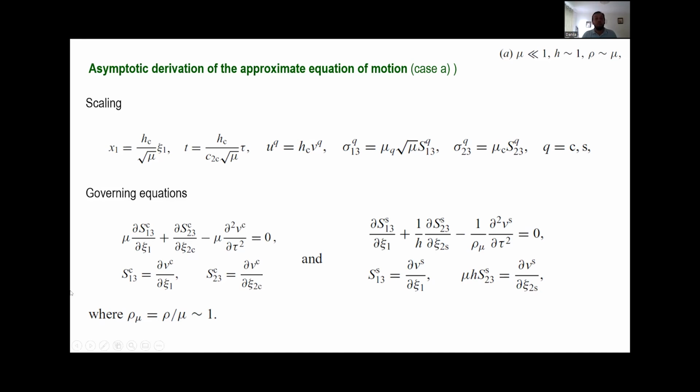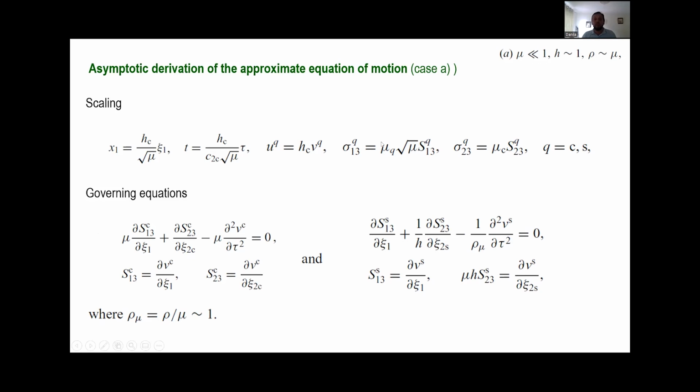So when we are doing this, following this asymptotic integration procedure, we need to start with a clever scaling, something like that, and that allows us to reformulate these governing equations in this form. And then we are just expanding all the quantities as asymptotic series.